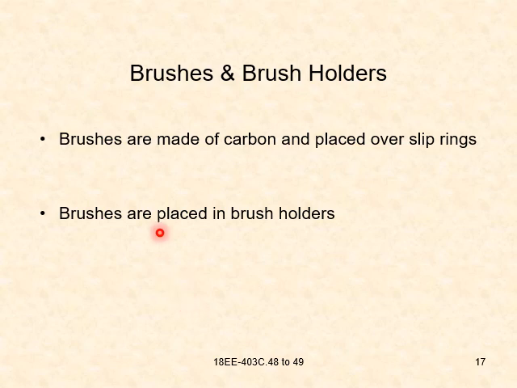You may have seen in DC machines what a brush holder is and how it is placed. Since the brush is a fixed part, it should be placed in a brush holder.